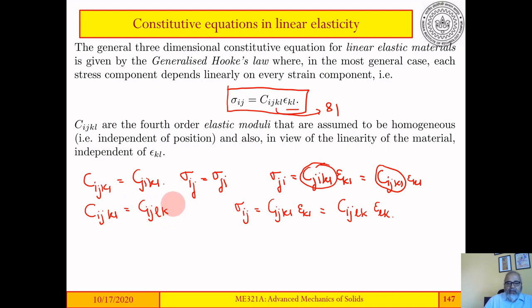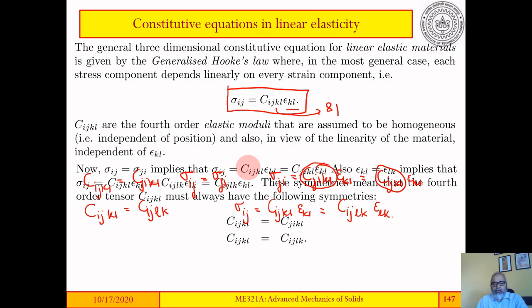So again, this would reduce the number from 81 to a smaller number. So that is what is written here, that it will have these symmetries, which follow from the symmetry of sigma ij and epsilon kl.